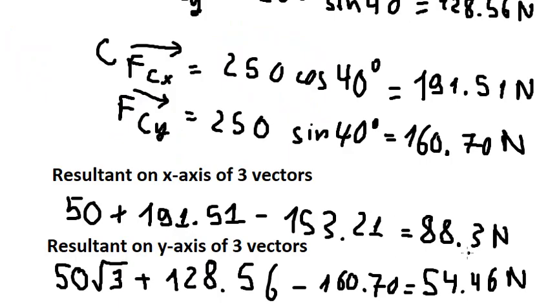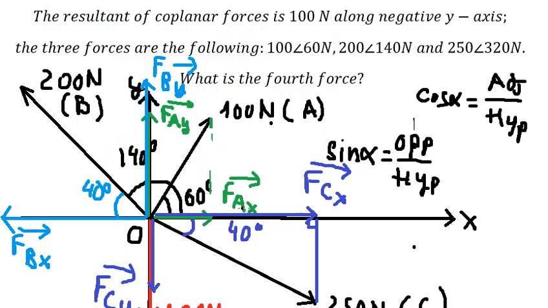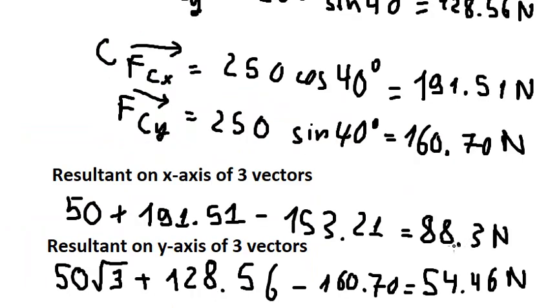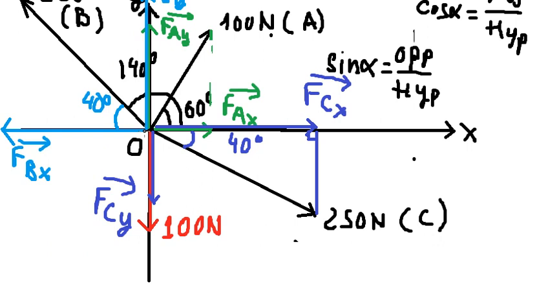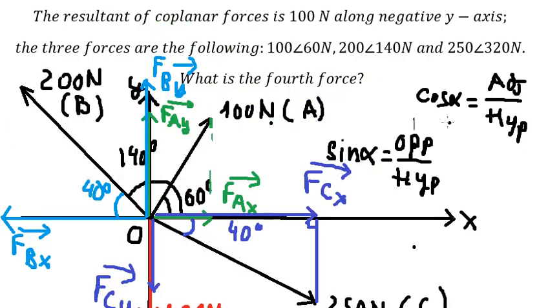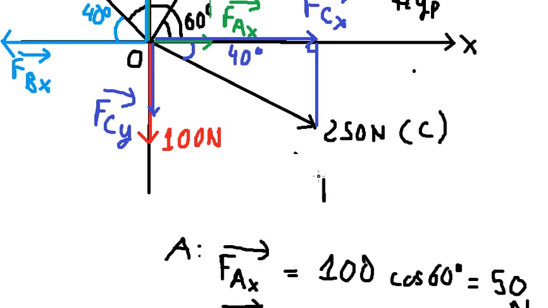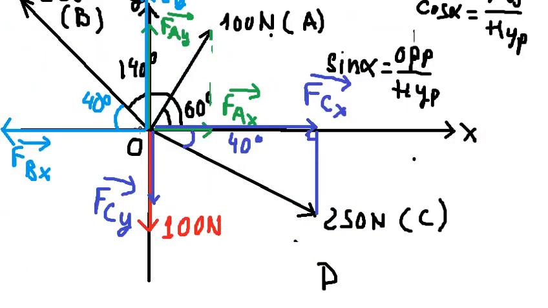But the red one, we can see that this is about 100 newtons. That means about x-axis, when we put about 88.3 newtons, so the force of number 4, they will go in here. That's it for F. I will put about D, and that's it about FD. They should go in here.